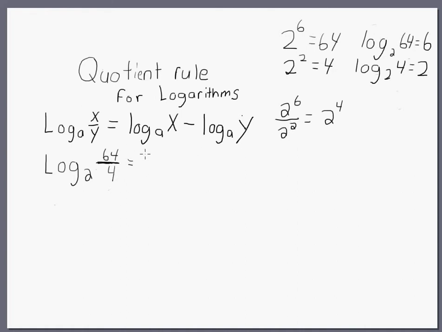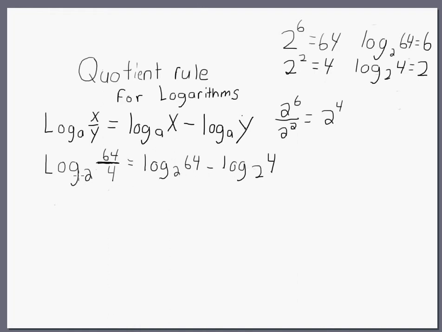This should equal log base 2 of 64 minus log base 2 of 4. Now this right here is the exponent 6, right? 2 to the 6th power is 64, so this entire thing is equal to the exponent of 6, and this entire thing right here is equal to the exponent of 2.